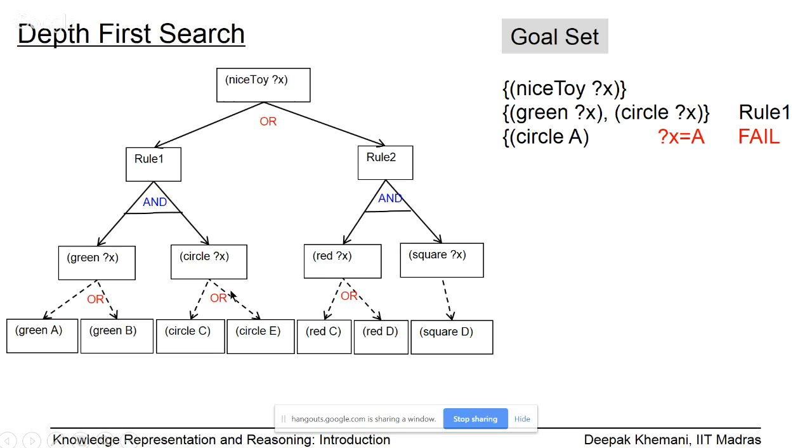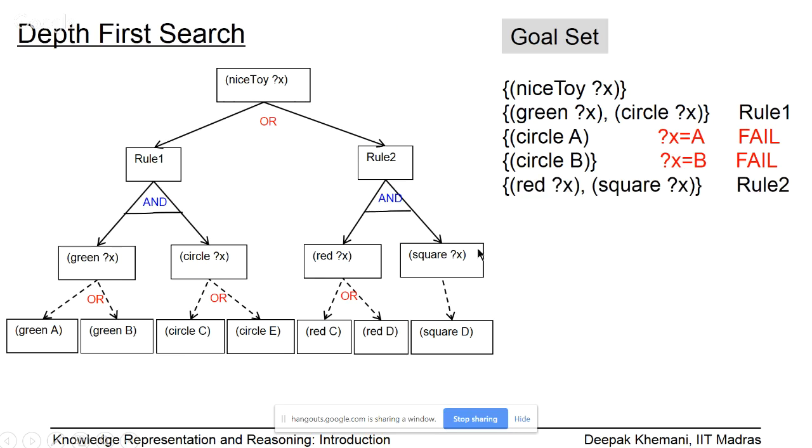But that would fail because A is not listed as a circle. So it will backtrack and, because B is also green, it will try to see whether B is a circle, and that will also fail. And therefore we have run out of all things which are green, and at this point we will move to things which are red, and so we are now looking for something which is red and which is a square.